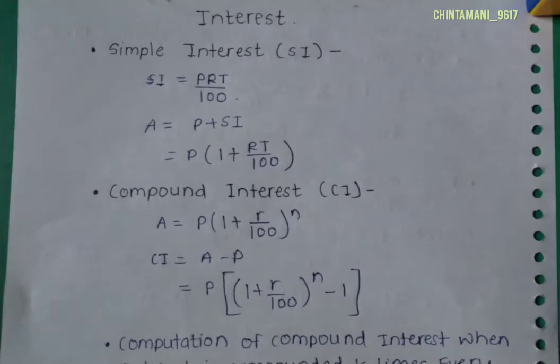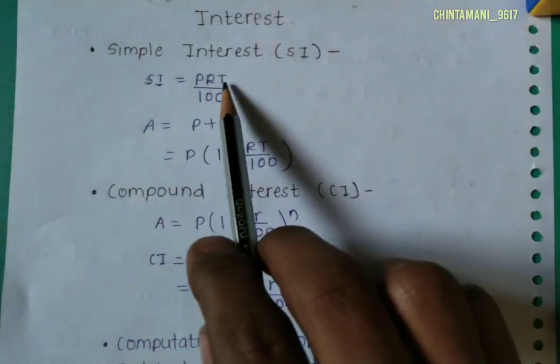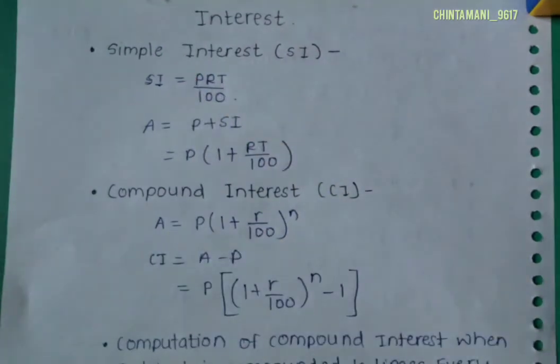So let's now talk about simple interest. What is simple interest? If the principal remains the same for the whole loan period, then the interest is called simple interest. The formula for simple interest is PRT by 100. P is the money that we borrowed from the lender. R is the rate of interest.